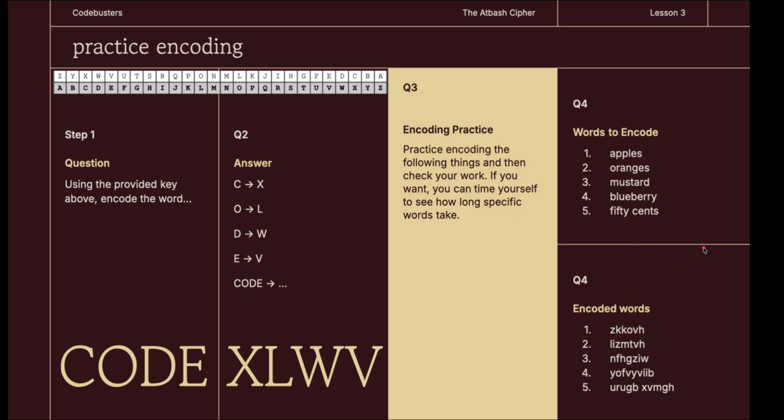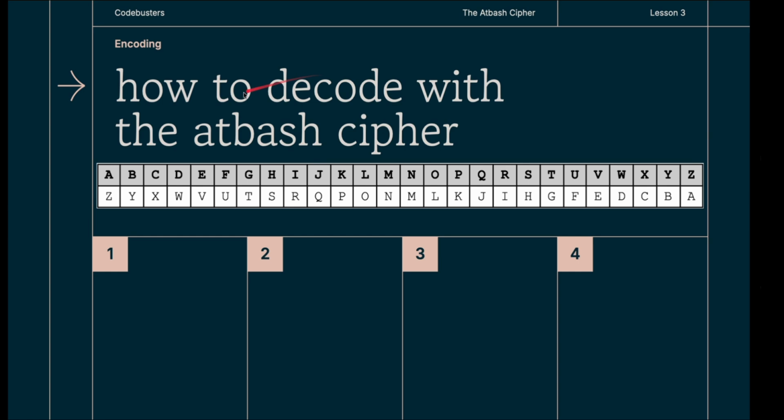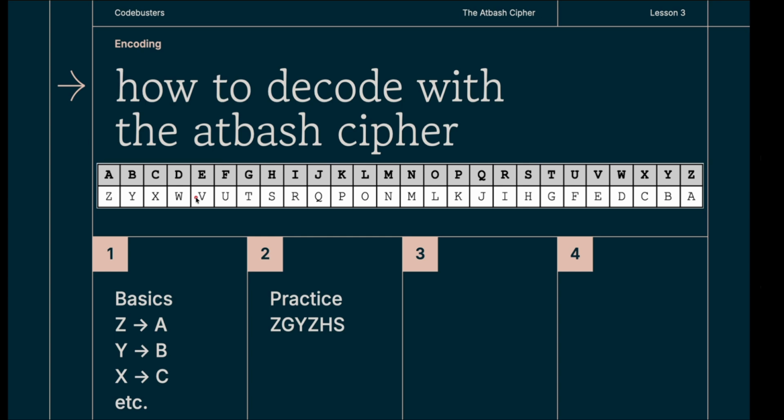Now we'll be going to the next slide, which is decoding with the Atbash cipher. This is the key for decoding, where A decodes to Z, B decodes to Y, C decodes to X, and so on. We will be practicing decoding with this word, which looks like a bunch of gibberish.